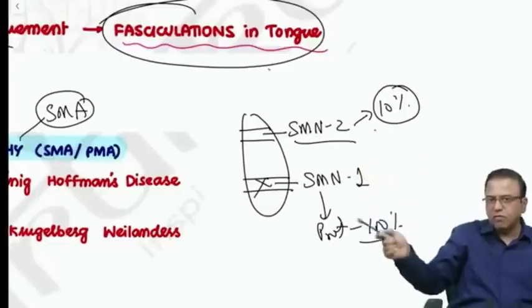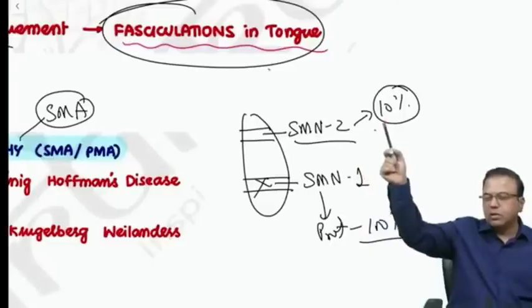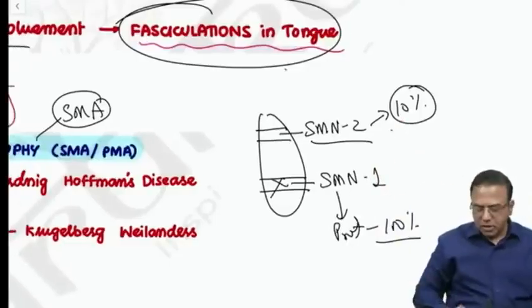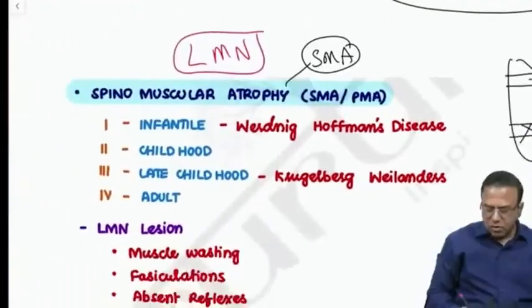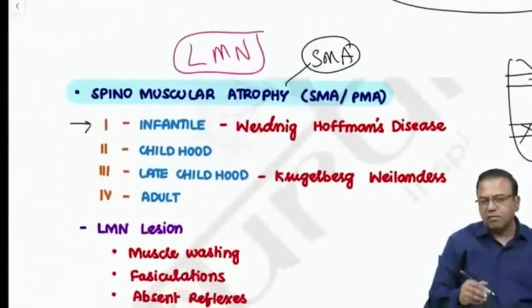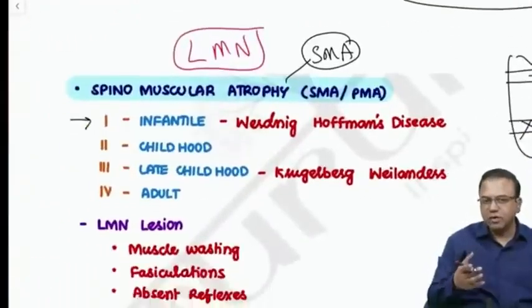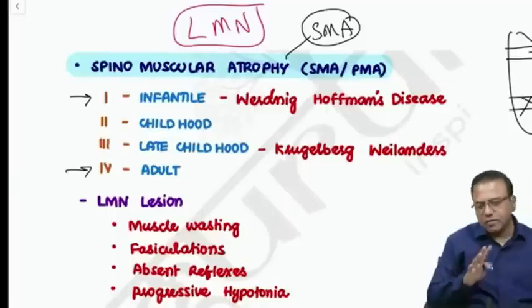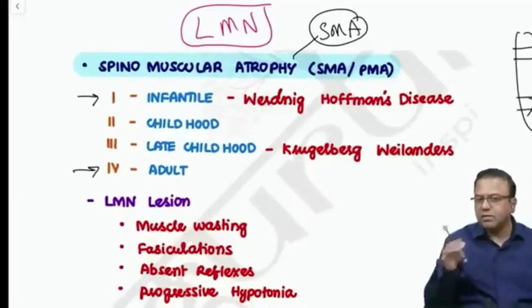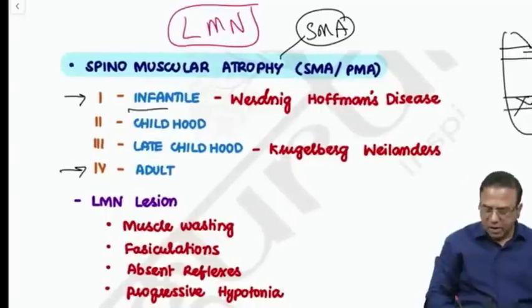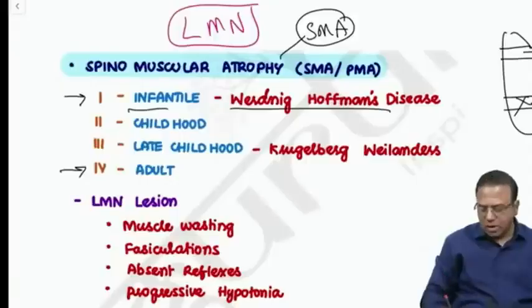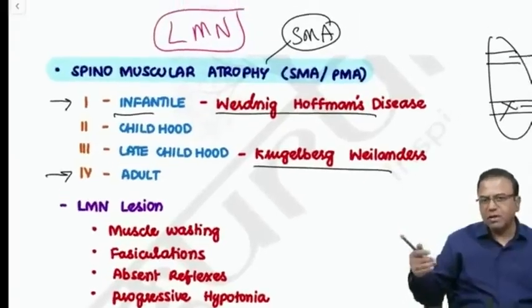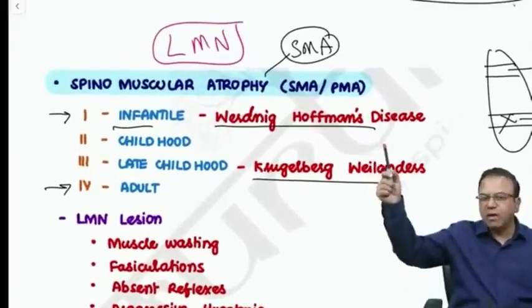That means it is able to do 40% of what SMN1 is doing, so the patient will have a mild disease. So once SMN1 is gone, it's infantile when you have 0 or 1 copy of SMN2. If you have 4 copies of SMN2, then the disease will start late, it's milder. Infantile type is what they ask in our exam. Childhood type and adolescent type, they don't ask so much, but mainly Werdnig-Hoffmann you should know, it's infantile type.